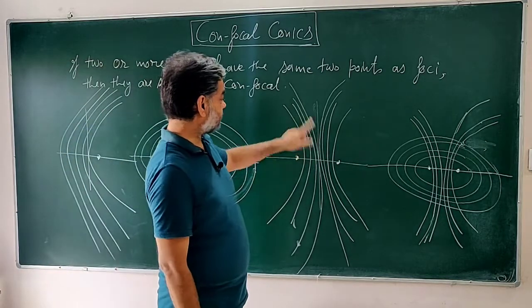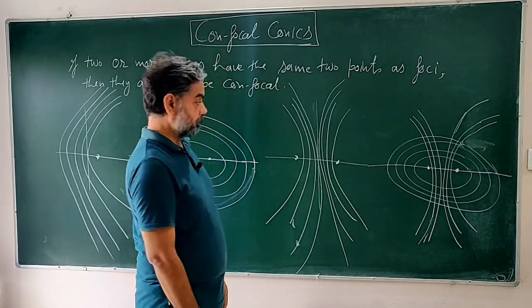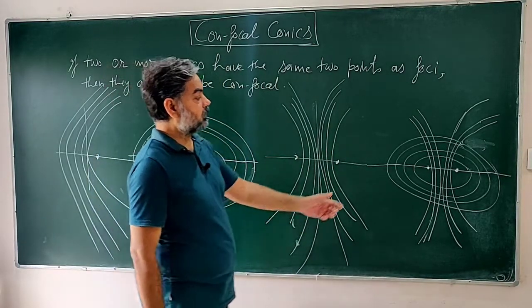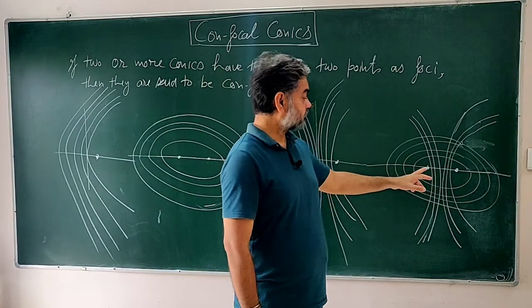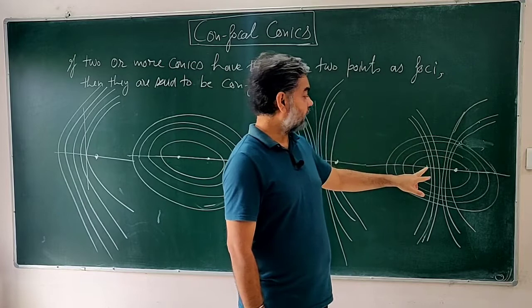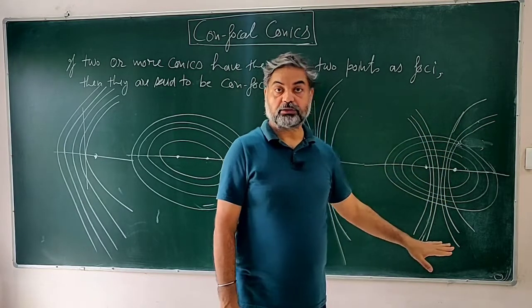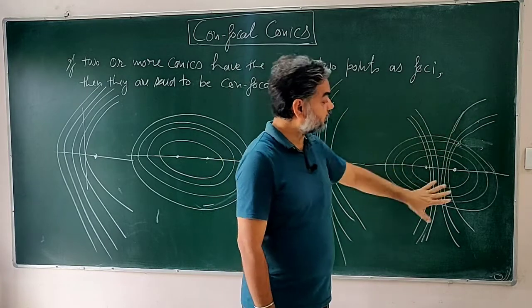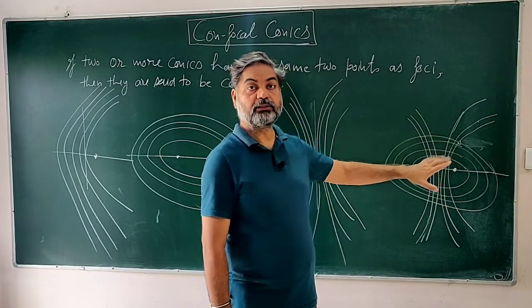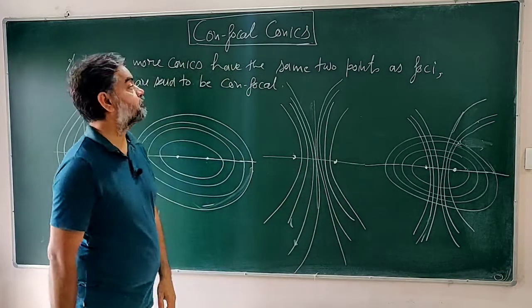Similarly, we have a set of confocal hyperbolas, and these two foci are the foci of all these ellipses and also the foci of all these hyperbolas. So this set of ellipses and hyperbolas is also a confocal system of conics.